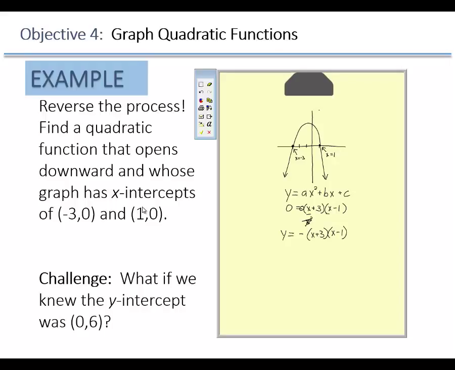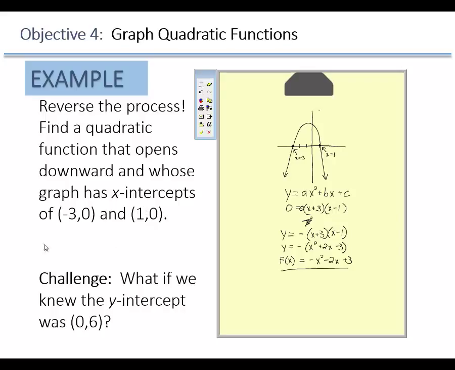And now we can multiply those together, in other words, FOIL those out, and so we get y equals negative x squared minus 2x plus 3.